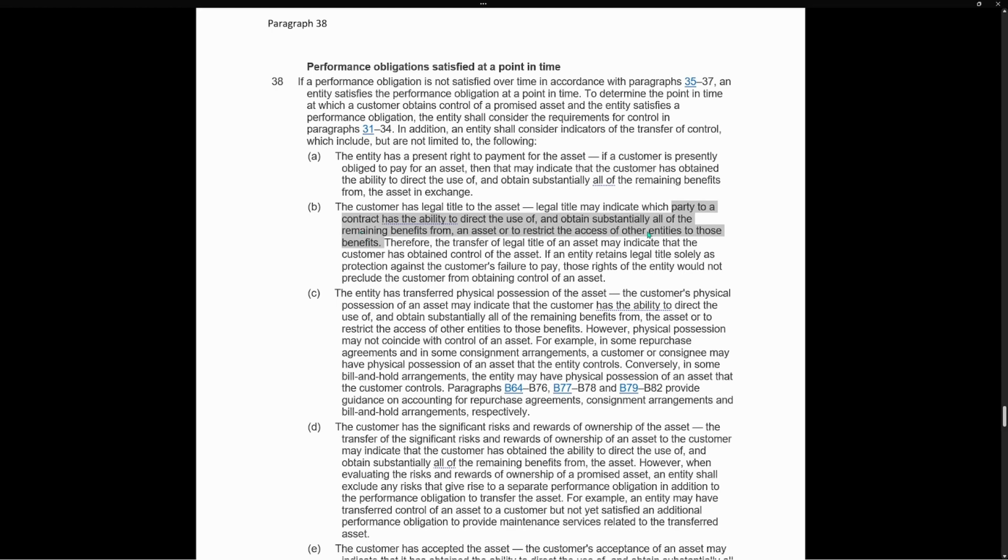It's not written exactly that this is the definition of control under IFRS, but this is really close to the definition of control under IFRS. If you want to make a separate note for yourself, remember this part as the control meaning.